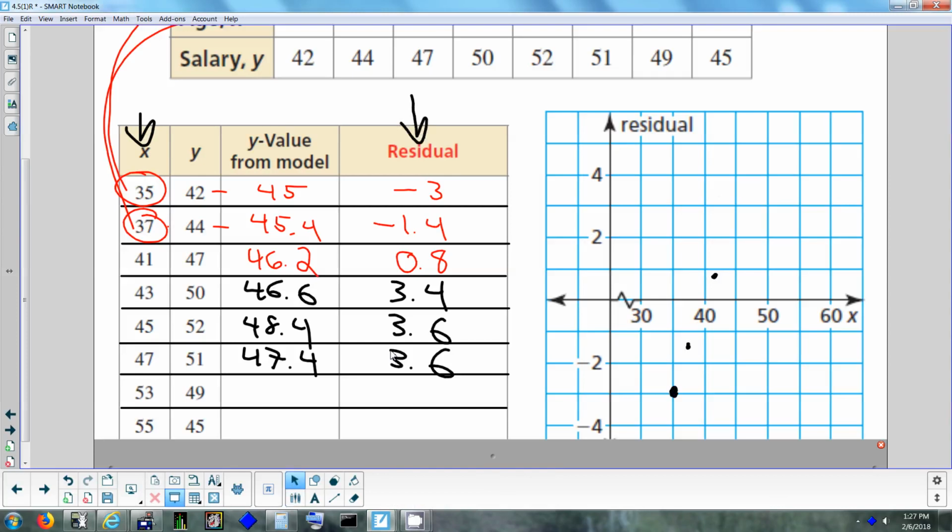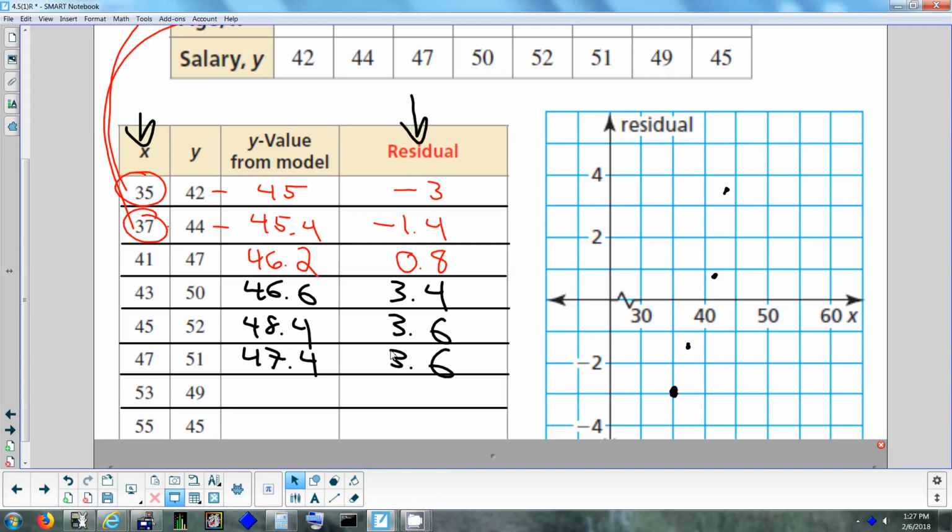The next one, 43, 3.4. I'm just guessing, because it's a little bit higher than 3. 45, all right, that's easy.